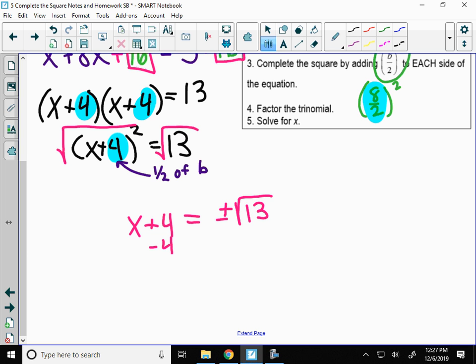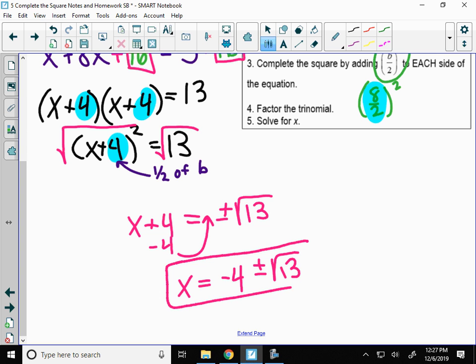Now, when I subtract 4, have we ever seen plus or minus radical 13 minus 4 written like that? Now, where does the negative 4 usually go? In front. You're going to squeeze it in front of the plus or minus. So you'll have x equals negative 4 plus or minus radical 13. And that's exactly how you could leave your answer.